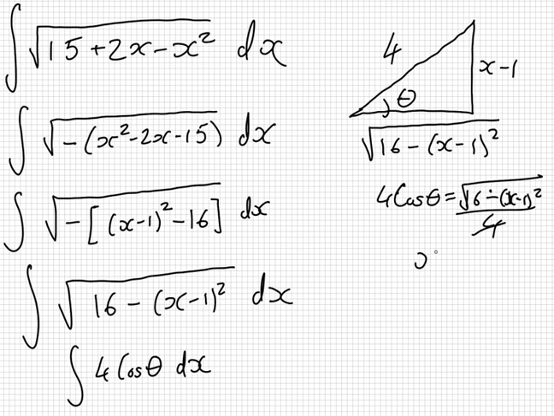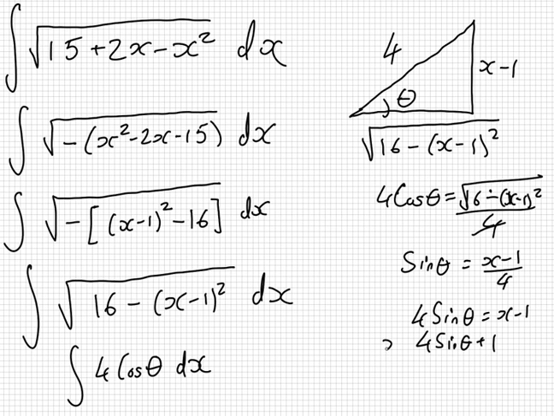Now you can see that sine theta is x minus 1 over 4. So 4 sine theta is x minus 1. So 4 sine theta plus 1 is equal to x.